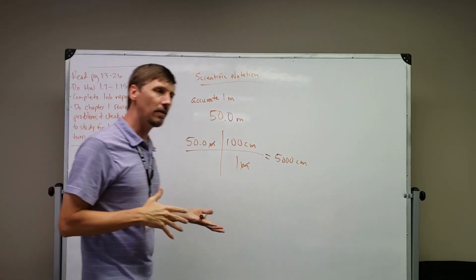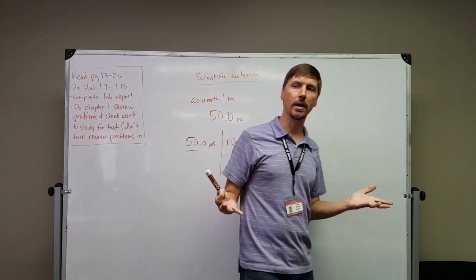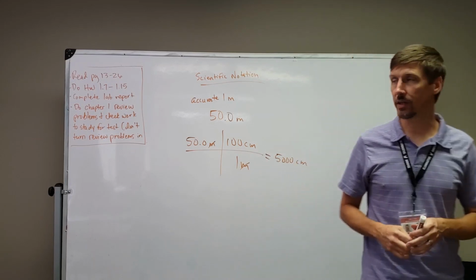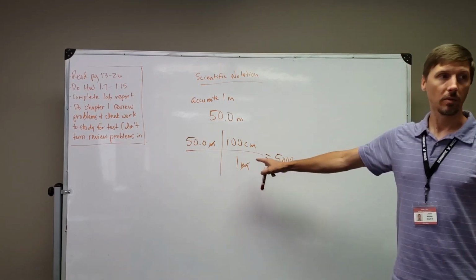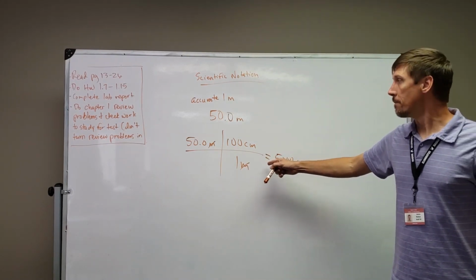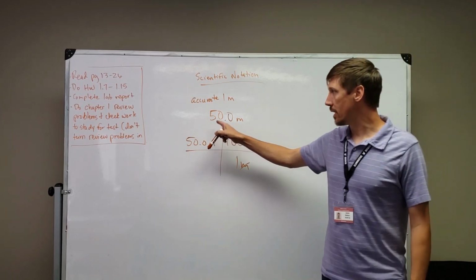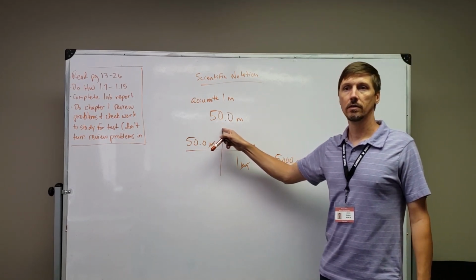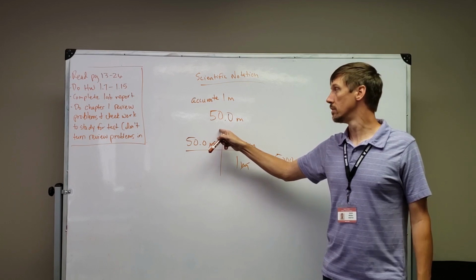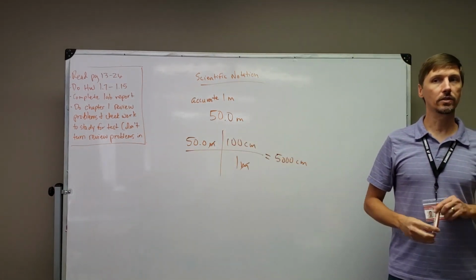But with multiplying and dividing, we don't worry about precision. We worry about significant figures. So here we're multiplying and dividing, and our original answer had how many significant figures? 2? Who says 2?